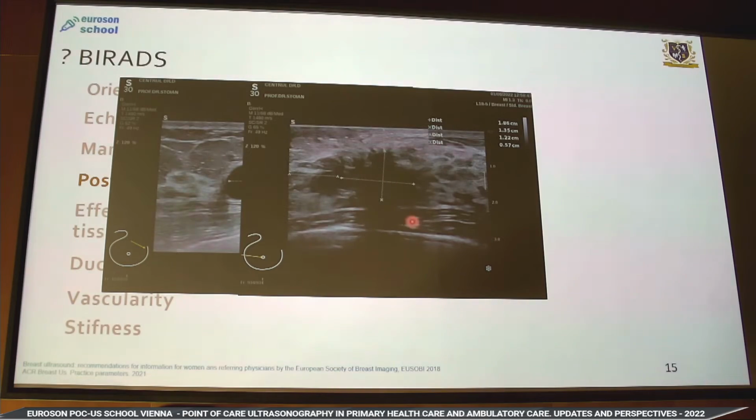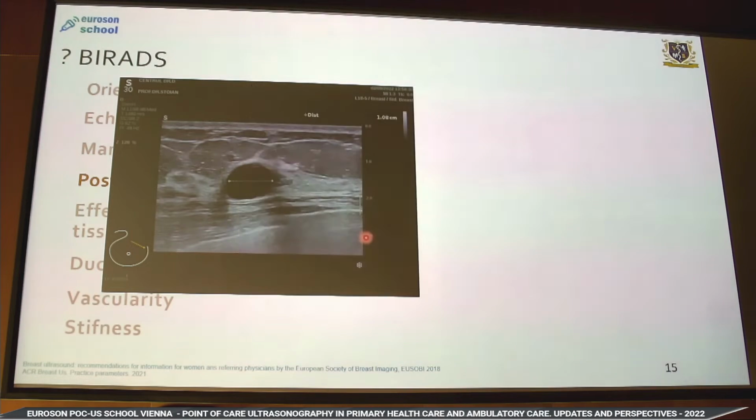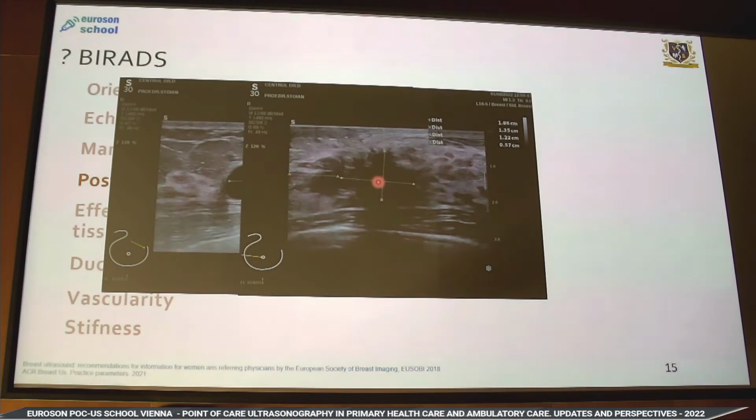So this is not a typical acoustic shadowing, it's a posterior decrease, but this attenuation is a highly valuable sign of a very high density solid lesion. It's impossible to think this is fluid when you see this posterior attenuation, which is highly suggestive for the density here.